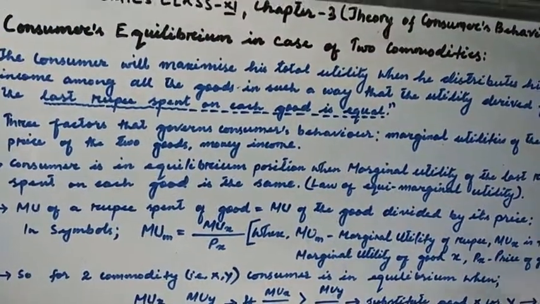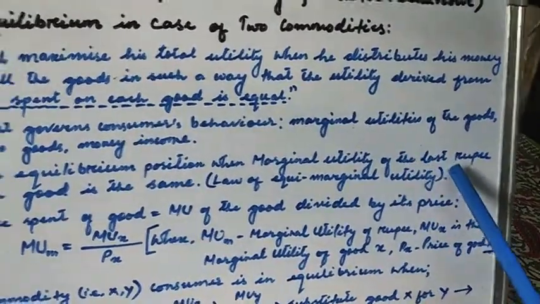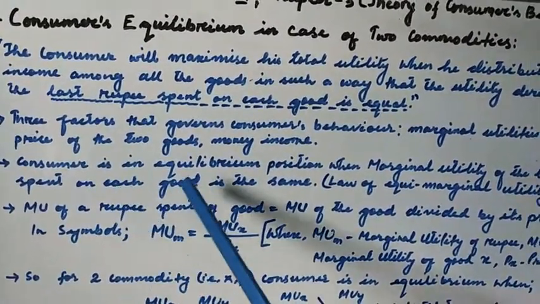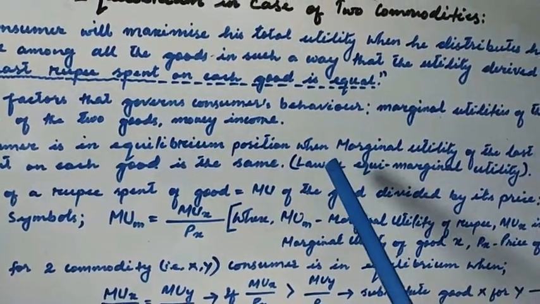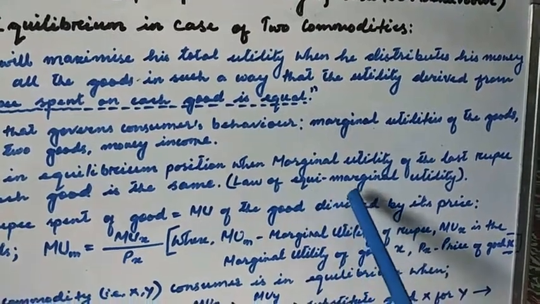A consumer is in equilibrium when the marginal utility of the last rupee spent on each good is the same. This is commonly known as the law of equi-marginal utility.